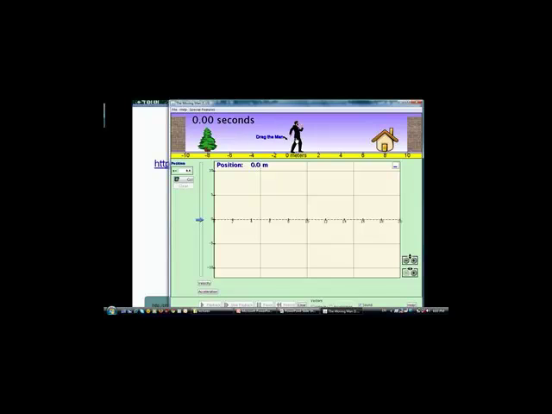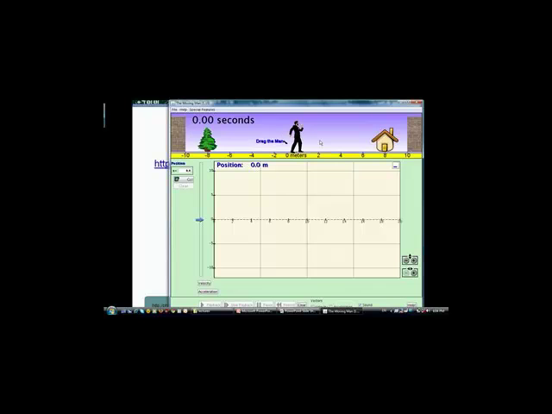For example, I'm going to move the person from this position here, where he is at the origin at 0 meters, towards the tree, but I'm going to stop at -6 meters. And I'm going to let him stay there for a little bit, then move towards the house and stop at 4 meters. And then I'm going to move back to the 0 meters.